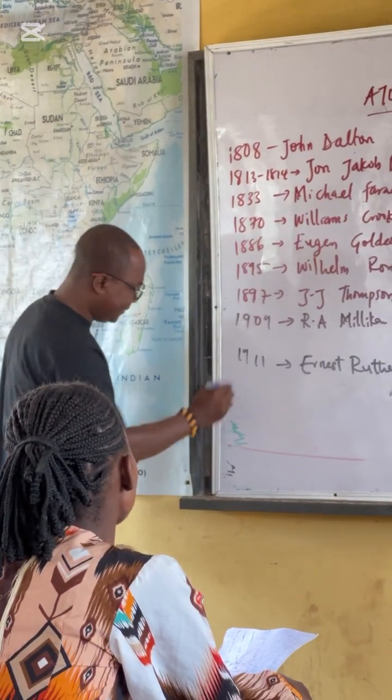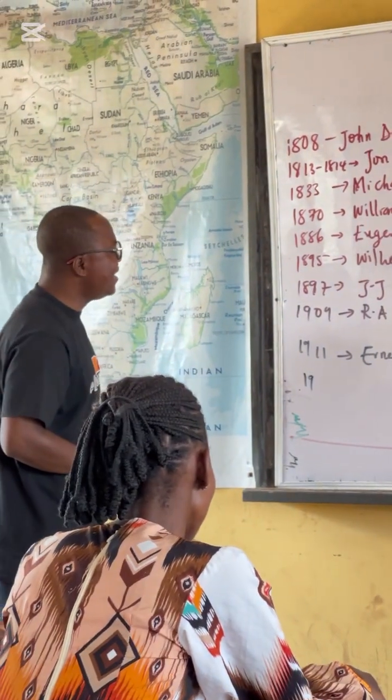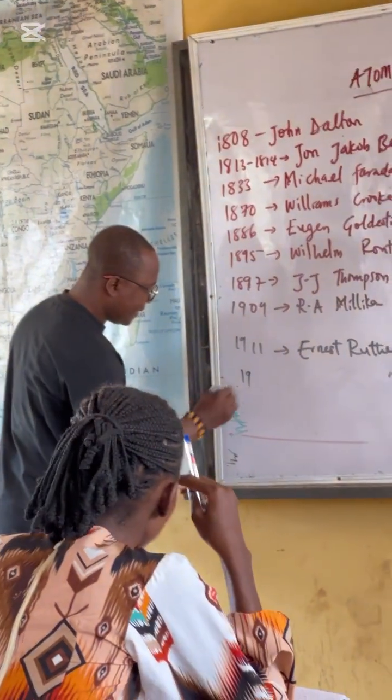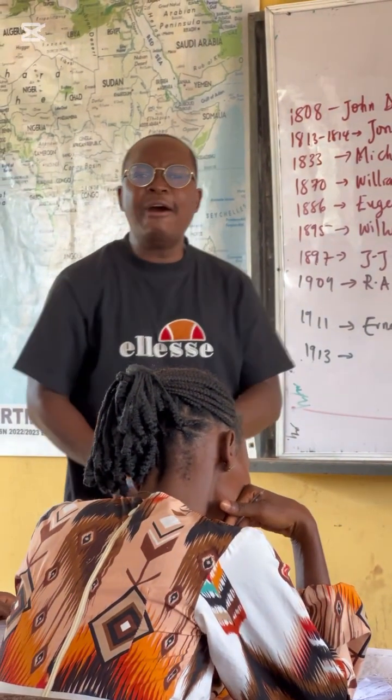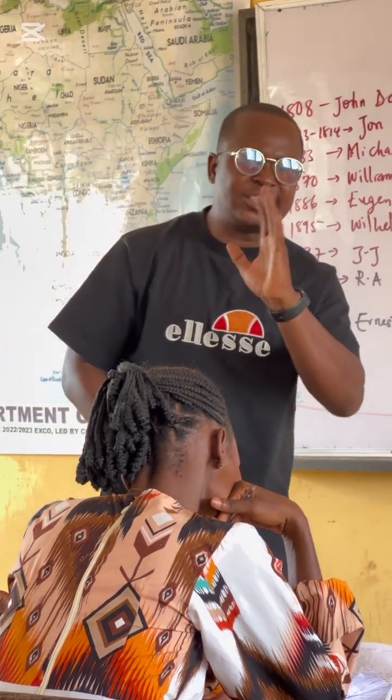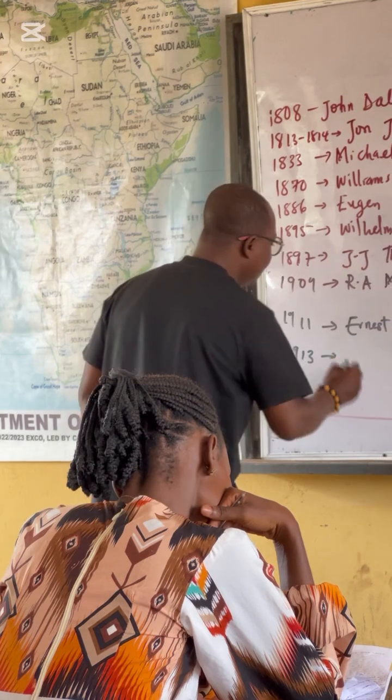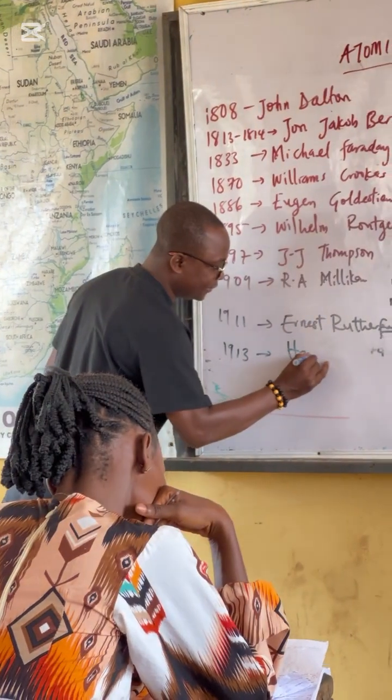By continuation, in the year 1913, 4 scientists came up with fine discoveries. The first scientist was Henry Moseley.